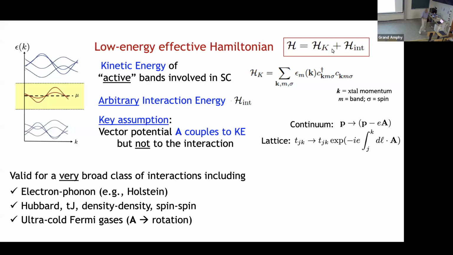The answer is, it's definitely true for 99% of the systems that I know of: electron-phonon, Holstein models, Hubbard models, t-J models, density, spin. It's also true in ultracold Fermi gases, where there's a dictionary which says rotation is like vector potentials.